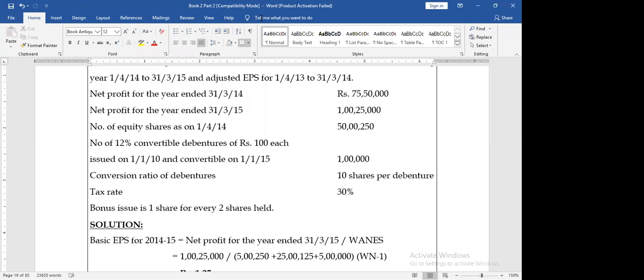Once you all are done, please mention done on the chat box so that we can go to the last part.